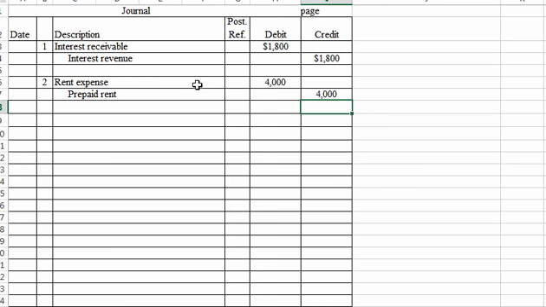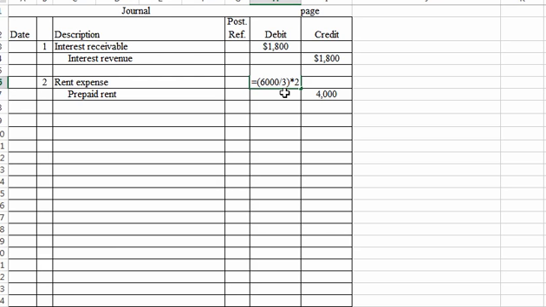We want to debit rent expense for the amount of rent expired from November 1st to December 31st. Well, what we did here, we said it's $6,000 total, and we paid as a tenant 3 months. So we divide the $6,000 by 3 months to get the amount of rent per month.